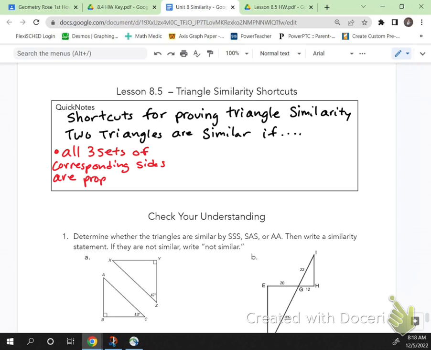We call this side, side, side, or SSS. That's the shortcut. If I know all 3 sets of corresponding sides are proportional, then by SSS, the triangles are similar.